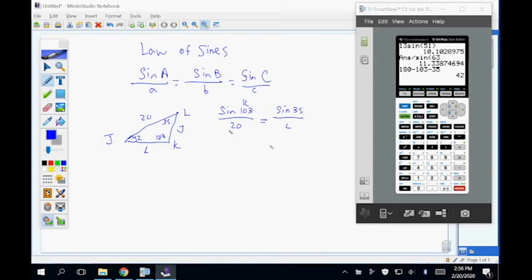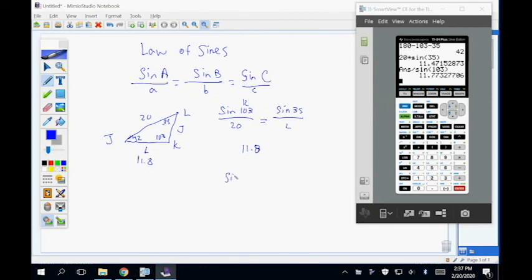So cross multiply, 20 times sine 35, divide by sine 103, and you get 11.7. Rounding up, it's 11.8. So side L is 11.8.